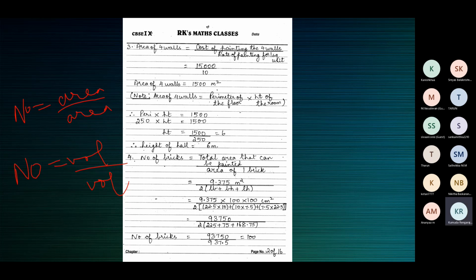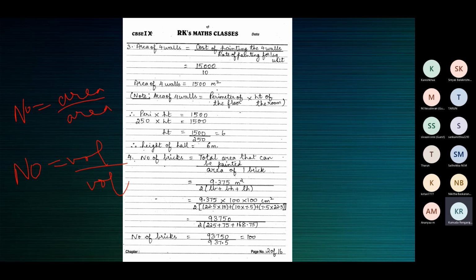All right. So here we have to find the number of bricks. The task is there are many bricks. You have to find how many bricks can be painted using the paint in this container. So where will you paint the brick? All over.